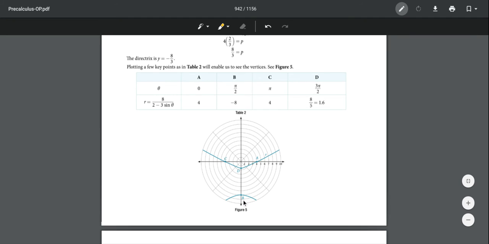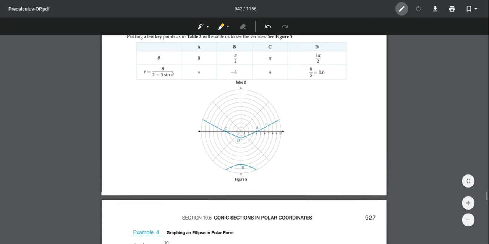Remember the focus is at the origin. So if this vertex is at 1.6, then the other focus must be 1.6 away from this vertex. So we can find the other focus that way.